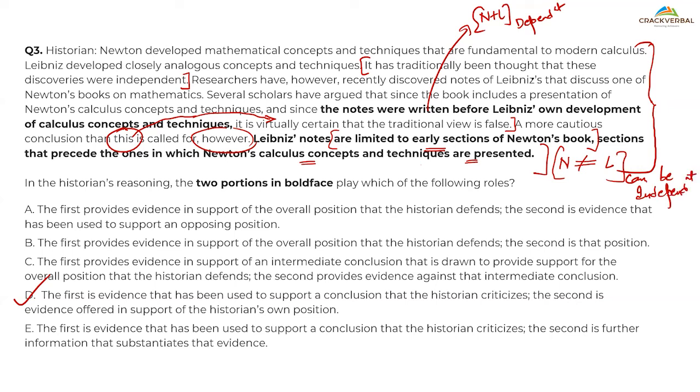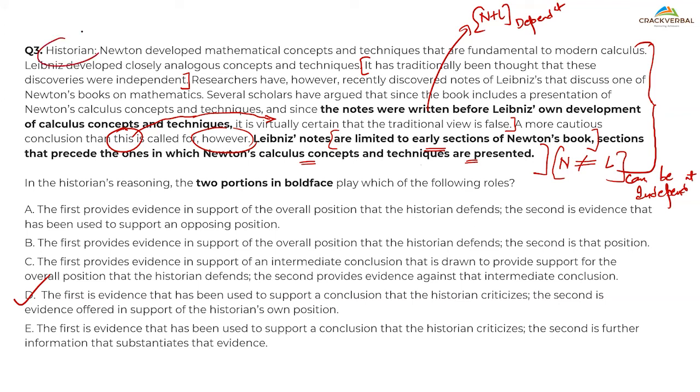I hope the way I read, all of you are clear about what I just said. Do you agree? Does the author agree with the several scholars? No, the author doesn't agree with the several scholars, right? Now, look, the first provides evidence in support of the overall position that the historian defends.